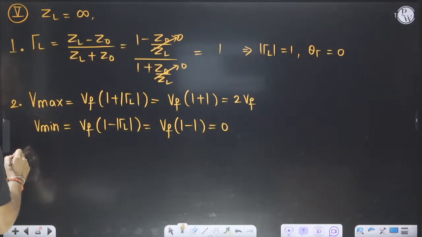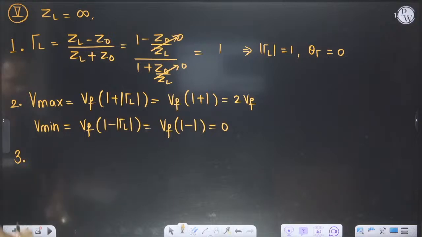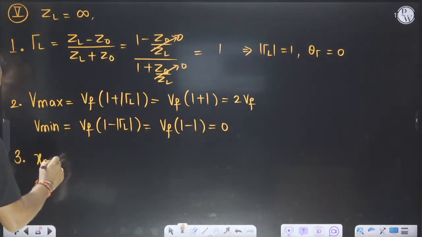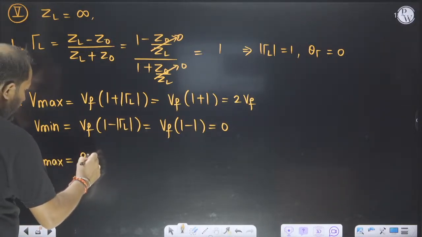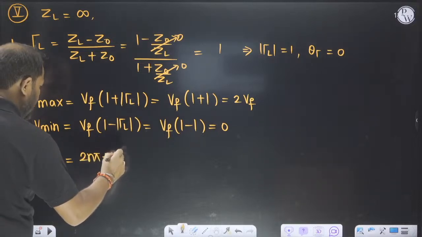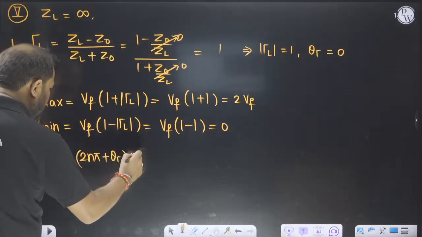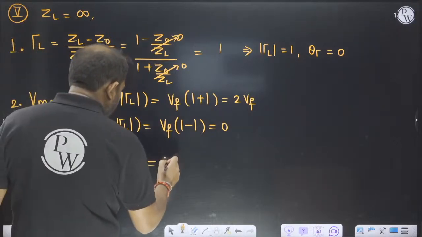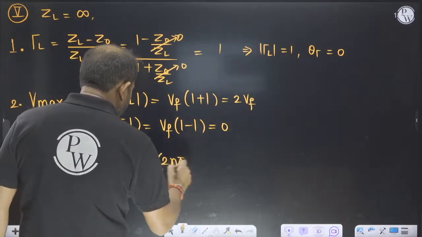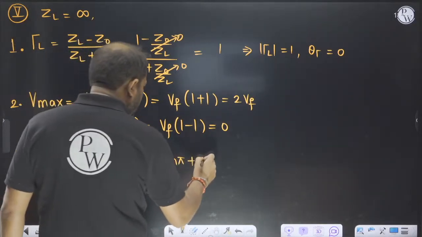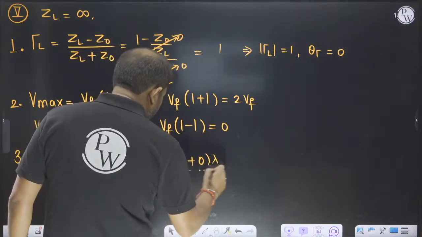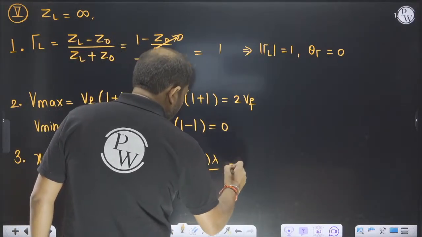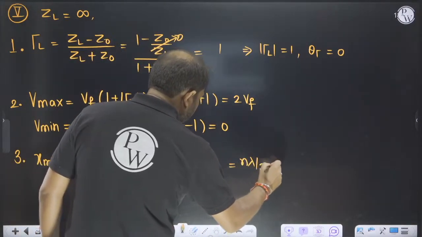Then third thing is we will calculate Xmax. Xmax is equal to 2n pi plus theta gamma into lambda divided by 4 pi. 2n pi and plus theta gamma is 0, into lambda divided by 4 pi. So it will be n lambda by 2.